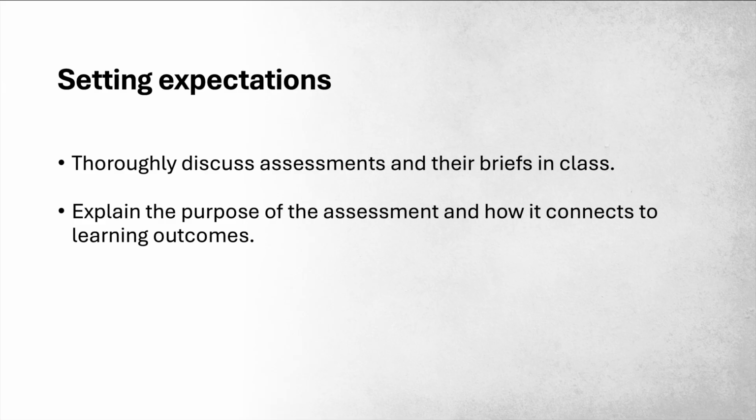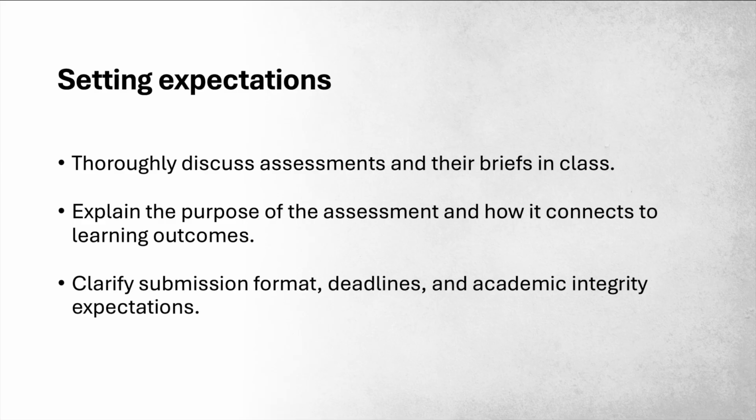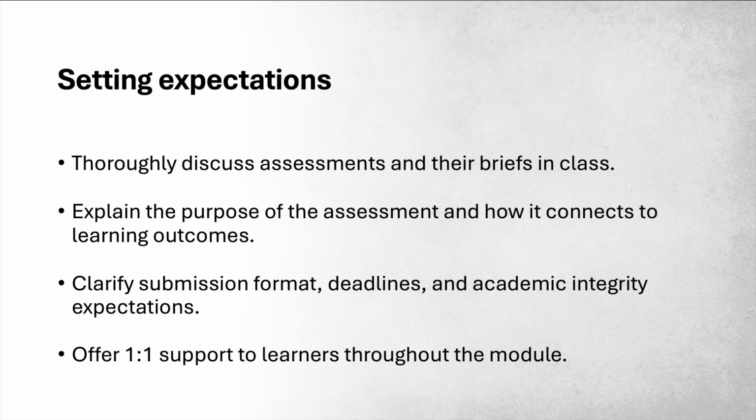Why are they undertaking the tasks you have set them? Explain how it links back to the learning or module outcomes, because helping students to understand why they're doing a task as well as what is required makes the learning meaningful. Make sure the submission format, deadlines and expectations regarding academic integrity are clarified from the offset, so students will feel confident, informed and prepared.